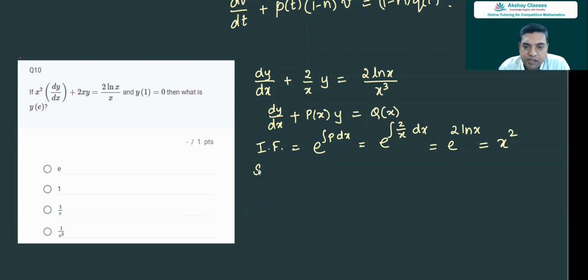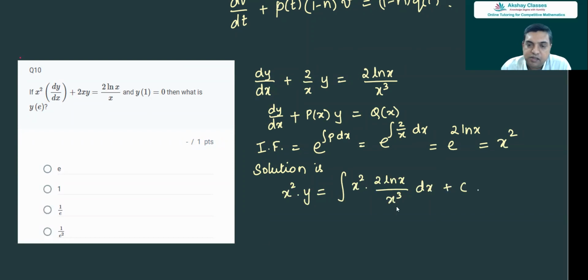So solution is integrating factor x square times the dependent variable equals integral of integrating factor times q dx. So we get x square y is equal to integral of 2 log x upon x dx.